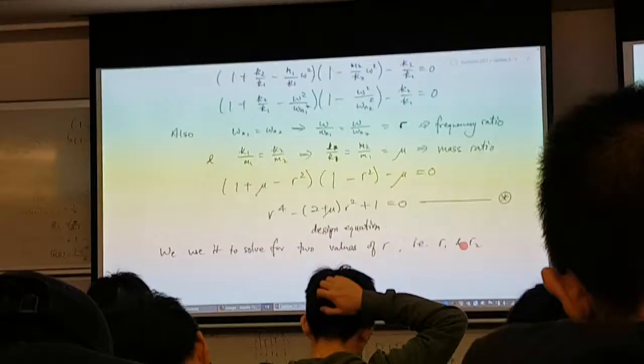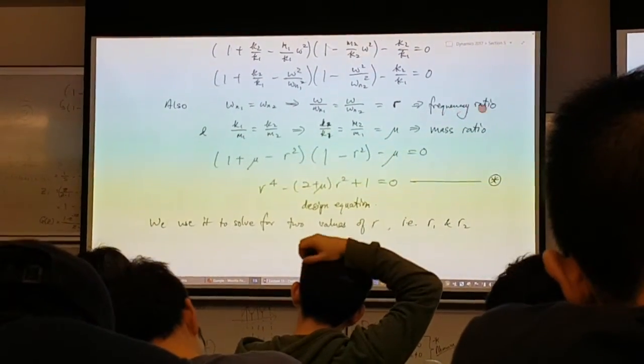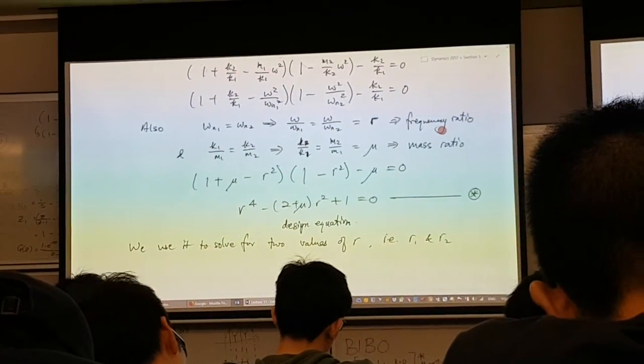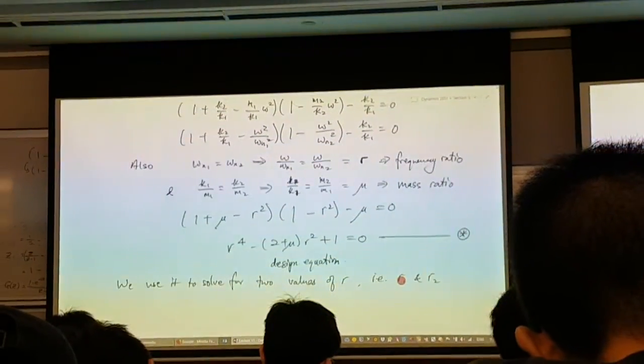Why do we have R1, R2 over here? That's because R refers to the frequency ratio, and there are actually two of these frequency ratios. One is R1, the other one is R2. Later on, I'll show you why.